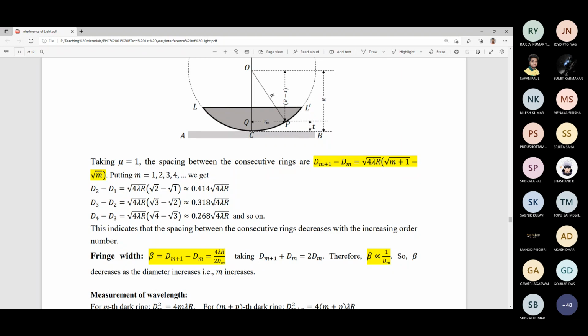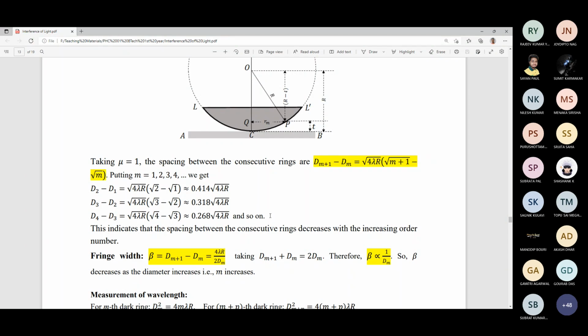So now you see this quantity is constant, but this value is continuously decreasing. That means the separation between two fringes is continuously decreasing, right? Separation between the fringes is continuously decreasing.